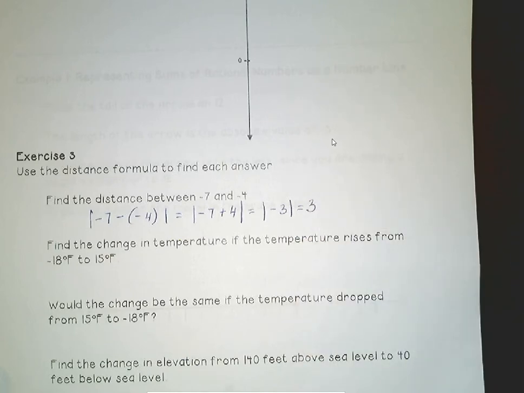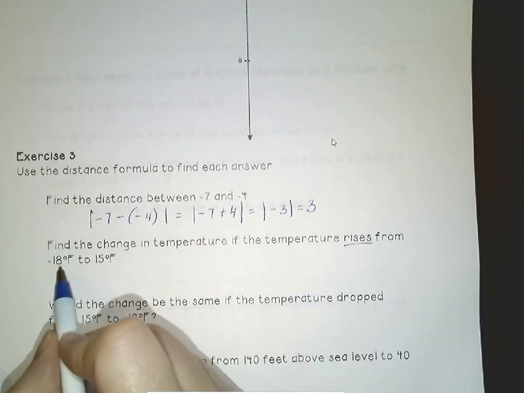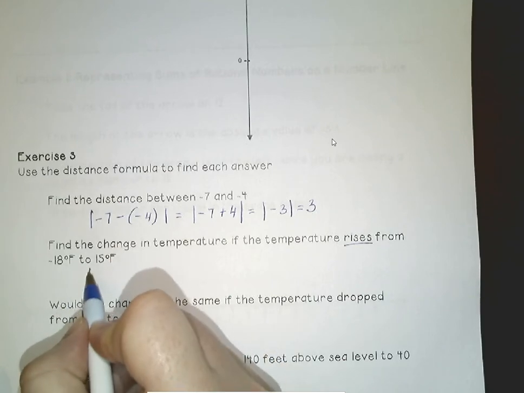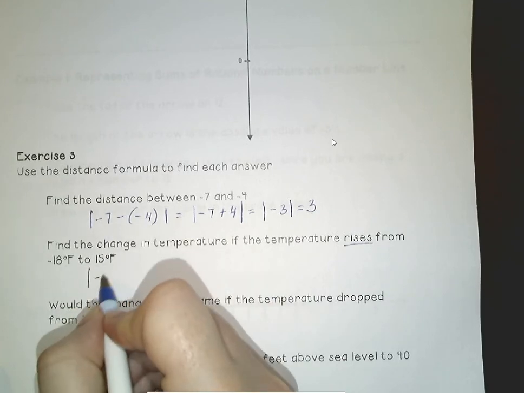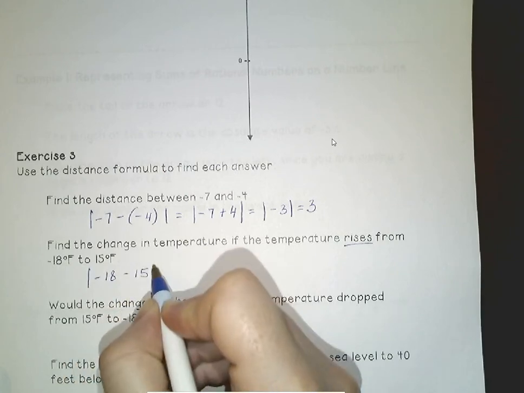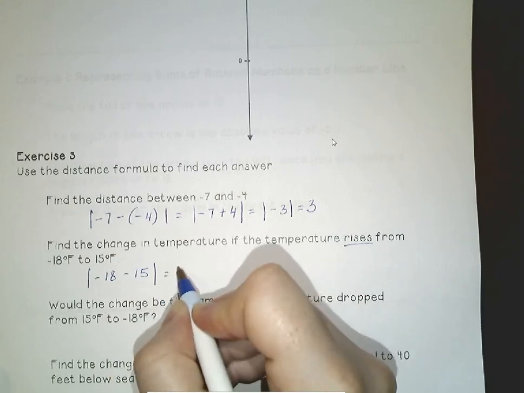Find the change in the temperature if the temperature rises from -18 degrees to 15 degrees. We are going to subtract the two numbers, -18 minus 15. In the absolute value, that is important.